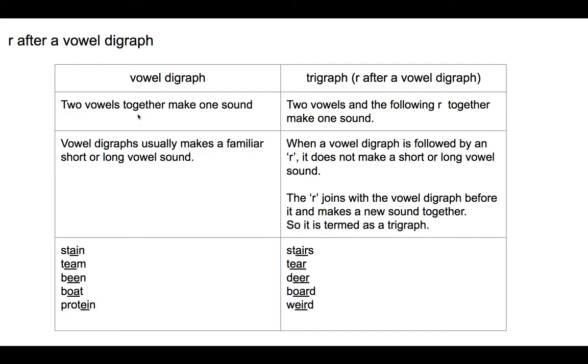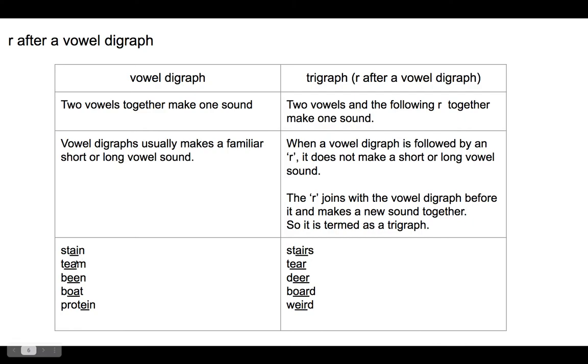We know vowel digraphs are two vowels that together make one sound, and that sound is usually a short or long vowel sound. For example, st, ai, n, stain, t, ea, m, team, b, ea, n, bean, b, oa, t, boat, pr, o, tein, protein.